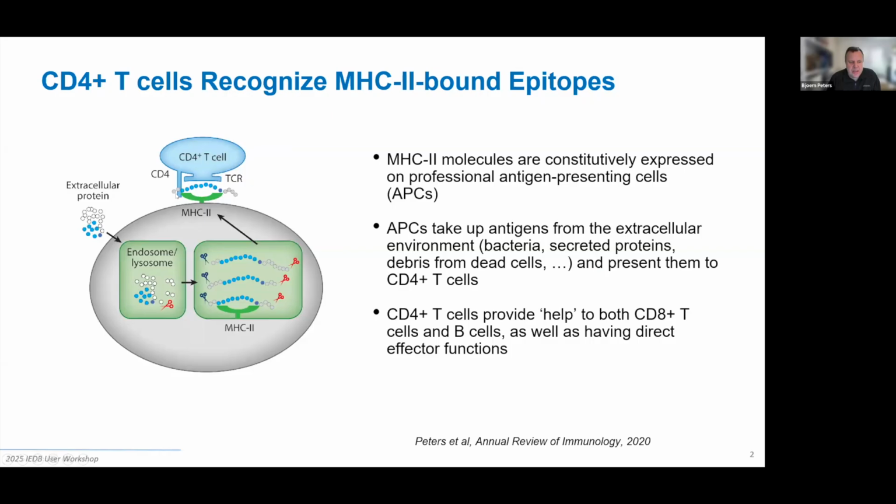And so these molecules present peptides that are derived from extracellular proteins primarily, where they can be taken up by the cell, processed through the endosome, lysosome, and trimmed as they bind to MHC class 2 and then be presented on the surface. So these can be often things like bacteria, secreted proteins, debris from other cells.